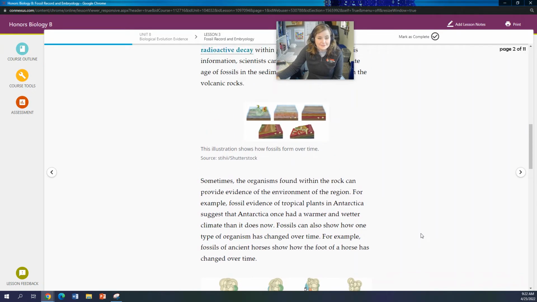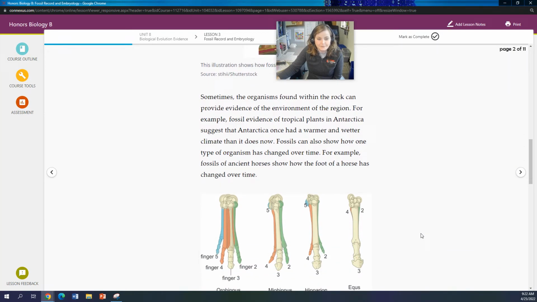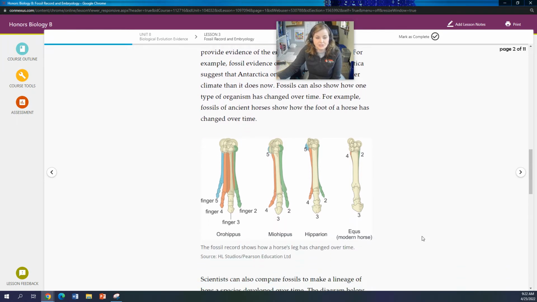There are lots of fossils, and they give us lots of insights into the past. For example, the fossil of the horse is a classic example that's used in evolution. The horse has changed a lot over time. The modern horse is much taller, and we're talking about the foot here specifically, but the teeth have changed in the horse as well.